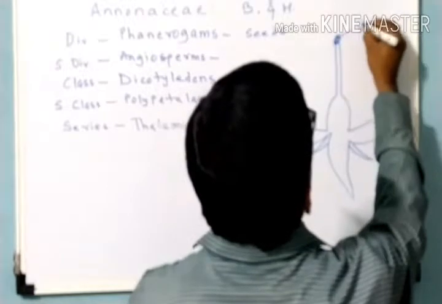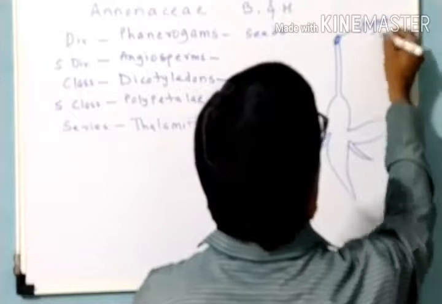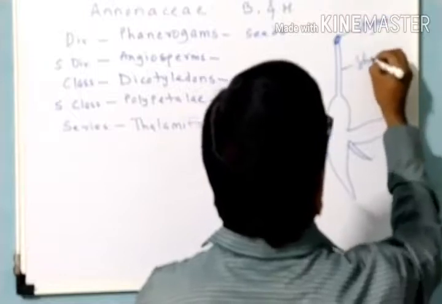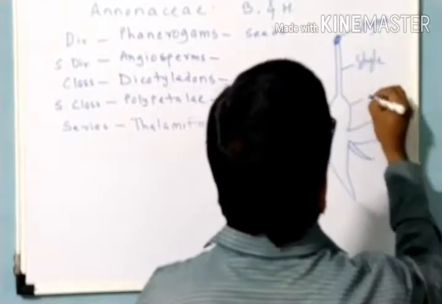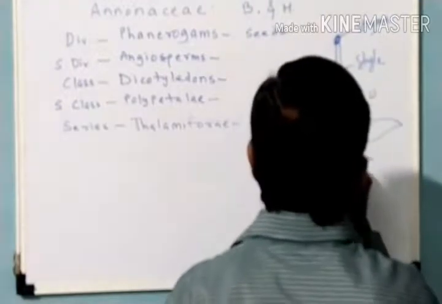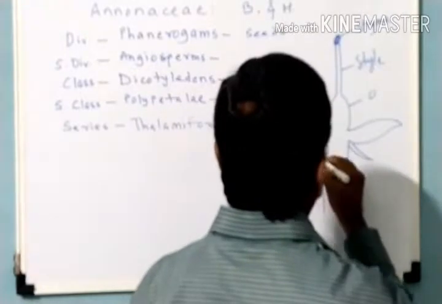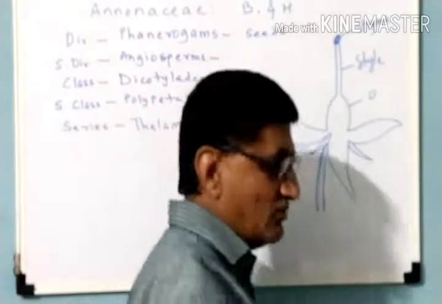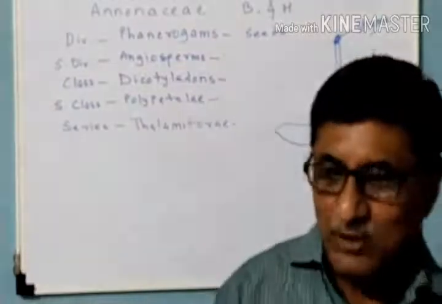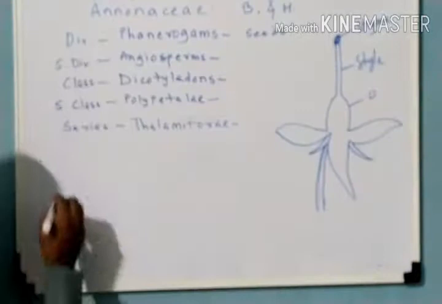This is the stigma, style, and ovary. So the ovary is superior. All other floral parts are below the ovary, and that's why the ovary is superior in position, and such a flower is called a hypogynous flower. So the flower is hypogynous and there are many stamens.